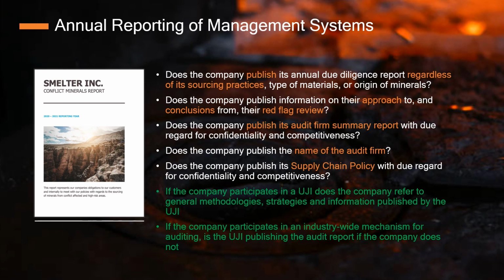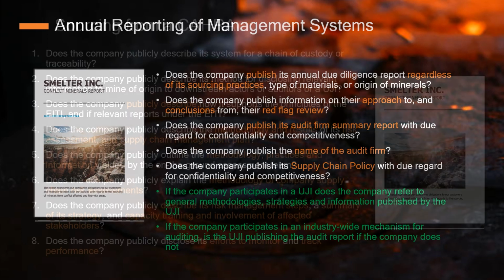The UJI is an important element, and the smelter should explain how it uses the UJI and how the audit reports related to the UJI are used by the smelter in conducting due diligence, or if any additional due diligence is required based on the smelter's use of those reports.